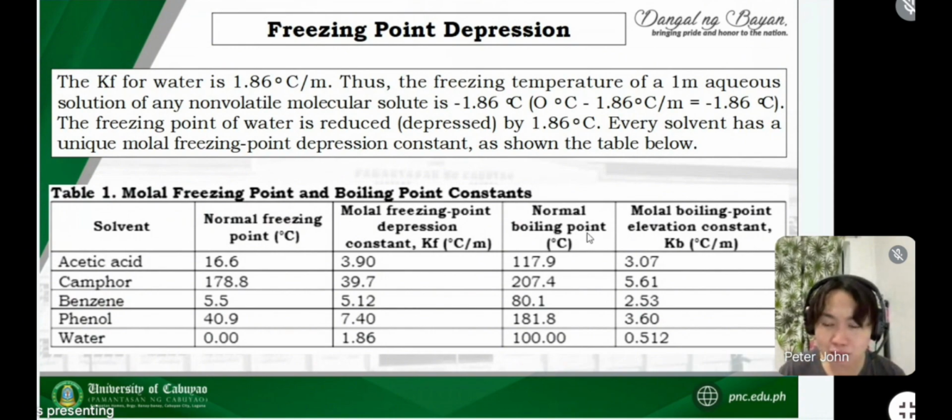Then, the boiling point elevation constant. Obviously, this one is also constant in every solvent. So, ibig sabihin, given na din siya in a problem. Lahat ito given. So, hindi na kayo problema. Nagsasolve na kayo. Okay? So, sige, next tayo.